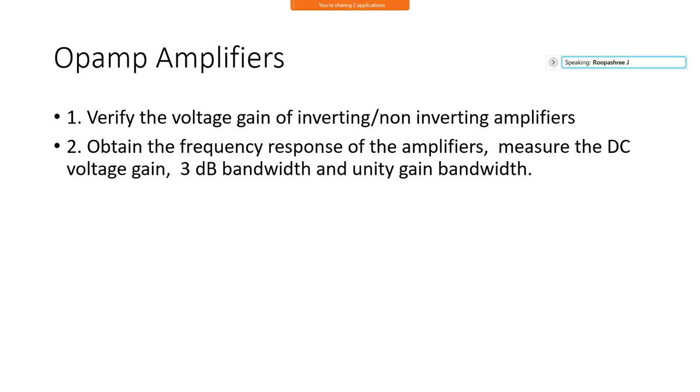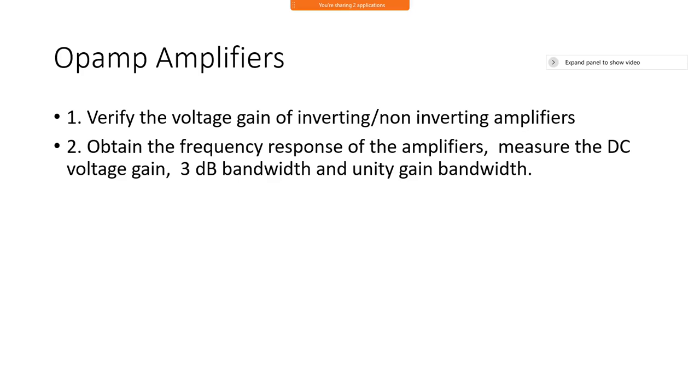Okay, DC gain is nothing but the gain of the amplifier at lower frequencies. DC actually corresponds to zero frequency. Even if you are going up to somewhere around 50 hertz, 100 hertz, we call it DC gain. You cannot start with a frequency of 0 hertz, but still at lower frequencies, whatever the gain, we call it DC gain. What do you mean by 3 dB bandwidth? How do you measure 3 dB bandwidth?